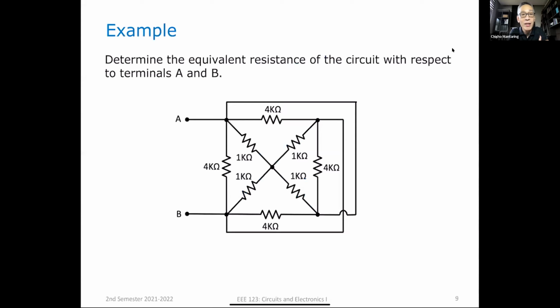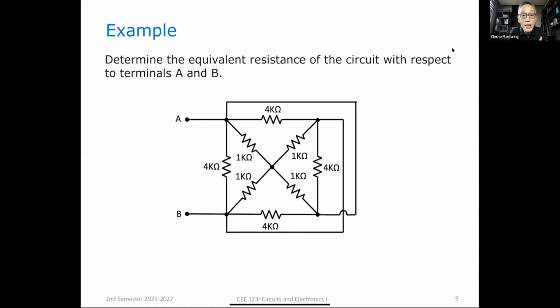Okay, here's an example. Determine the equivalent resistance of the circuit with respect to terminals A and B. So this is how we might complicate the appearance of a network. Okay.